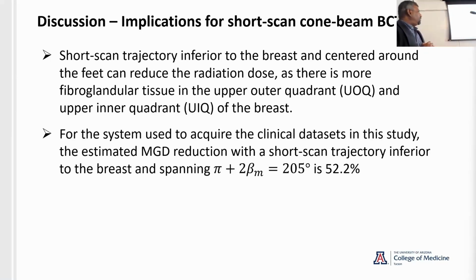So these are the 4 main conclusions. And compared to what we do in terms of dosimetry today, if you do a short scan for the minimum angular range, which for this system geometry was 205 degrees, you can cut the dose by 52% if you maintain the same technique factors.